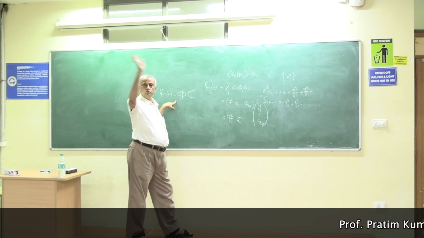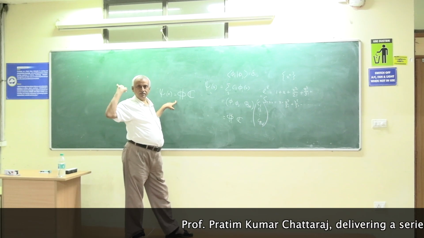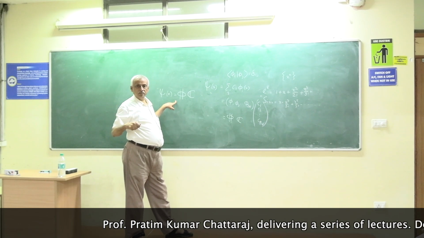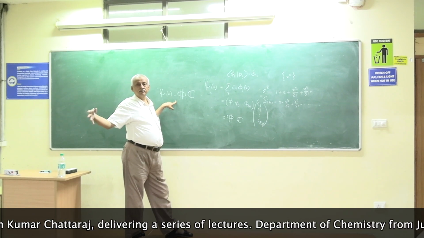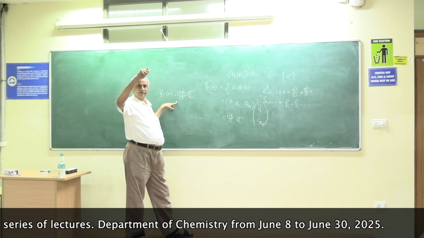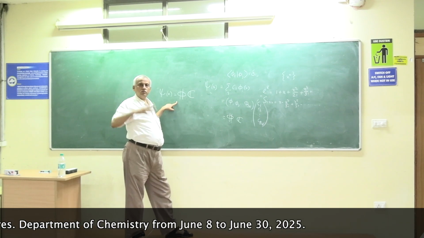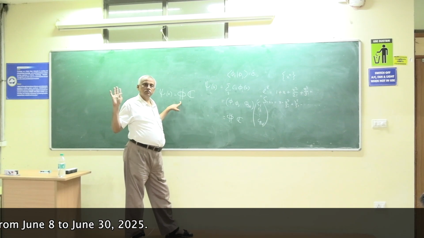At the beginning, I choose my phi. Whether I am doing STO-3G or 6-311G or 6-311G plus double star, phi is changed. But once I fix the phi, I go from water to ammonia, this C will change, that phi will remain same, as long as the basis set is same.